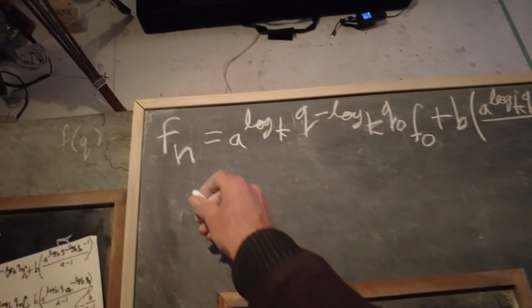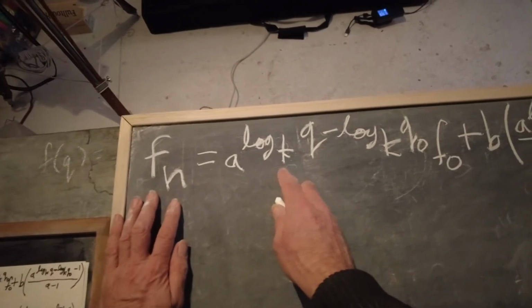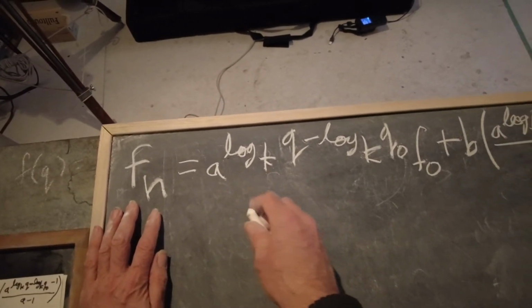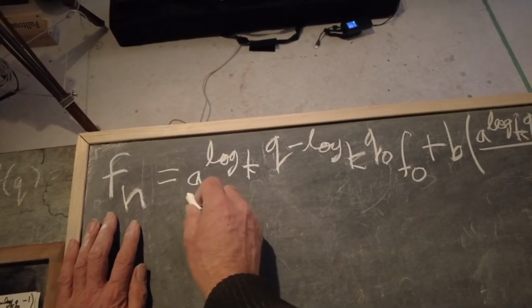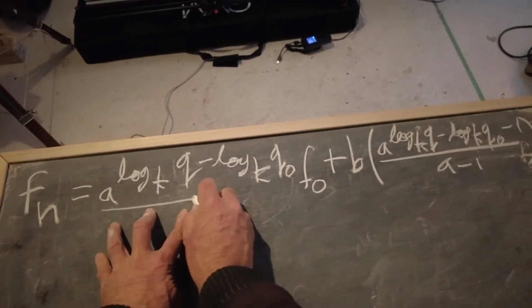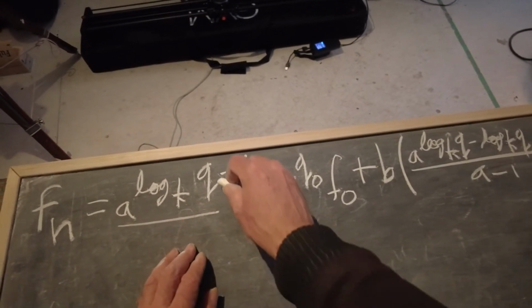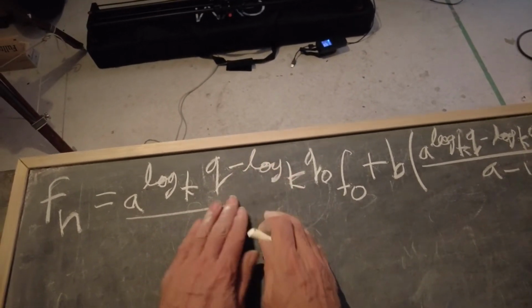And so now that f sub n, you can see a pattern here. This has a term in q. This depends on q. And so this factor here is just a multiplicative constant.